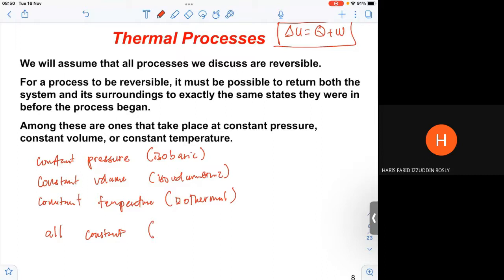So all constant means pressure, volume, and temperature will all be constant. That is what we call adiabatic. There are four thermal processes that you should understand. Okay, so try to look carefully.